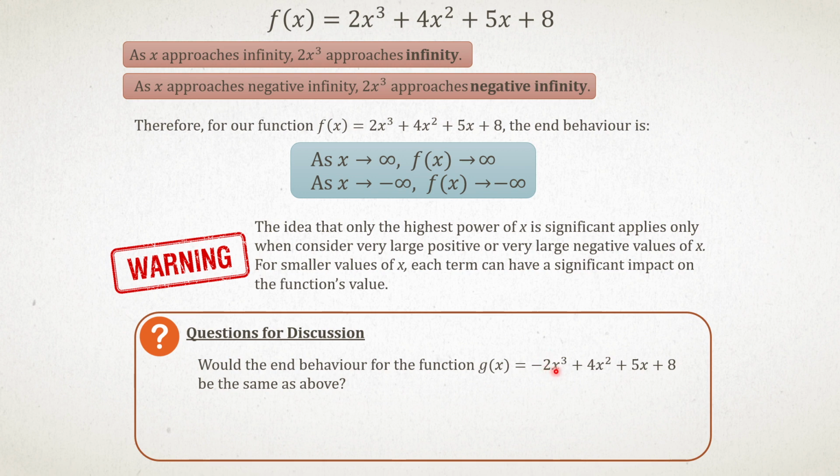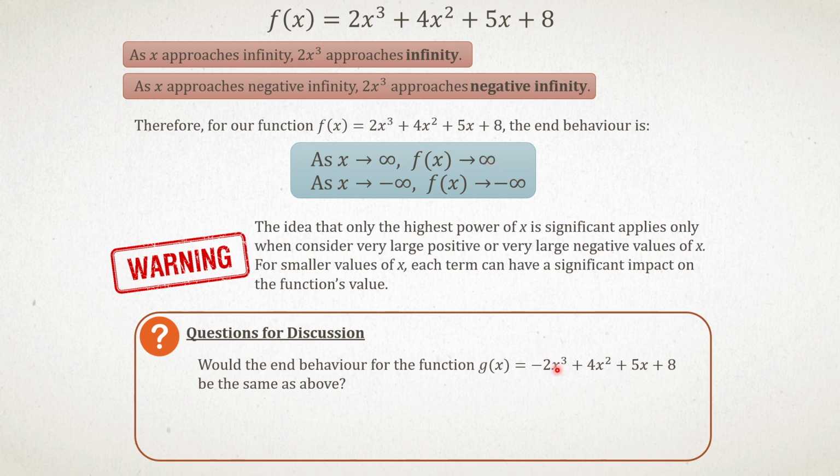Well, now as x gets bigger and bigger positively, x cubed gets bigger and bigger positively as well. But when we multiply by negative 2, those values actually become bigger and bigger negatives. So as x approaches infinity, negative 2x cubed approaches negative infinity. So this whole function approaches negative infinity, which is the opposite of what we have for f of x.